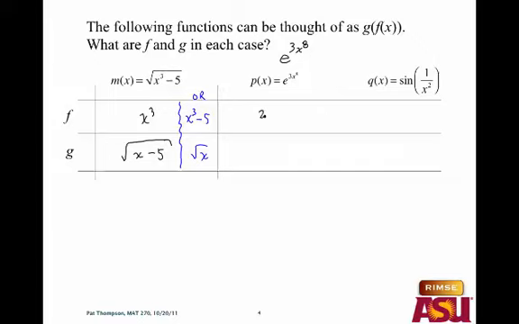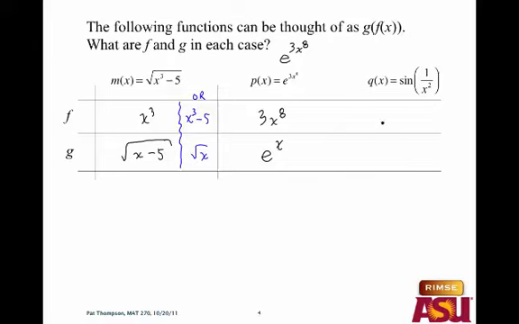Yeah, so we could do 3x to the 8 if you want. That's how x is acted upon first. The first thing that happens is we put x into 3x to the 8, then we take that output and put it into what? The output of that goes into what function? E to the x. Is this making sense?